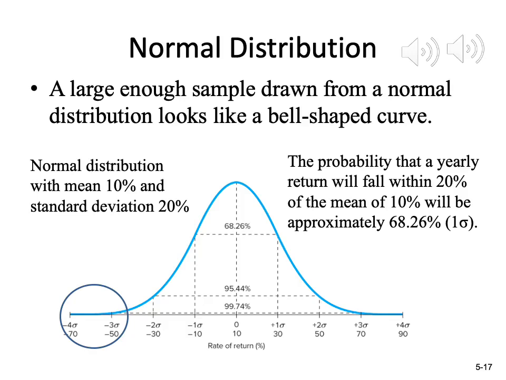One standard deviation is 20%, so on the right hand side, 20% higher than the mean return of 10%, so 10% plus 20%, 30%, is the positive one standard deviation point. On the left hand side of the mean, negative one standard deviation means 20% lower than the mean return of 10%.